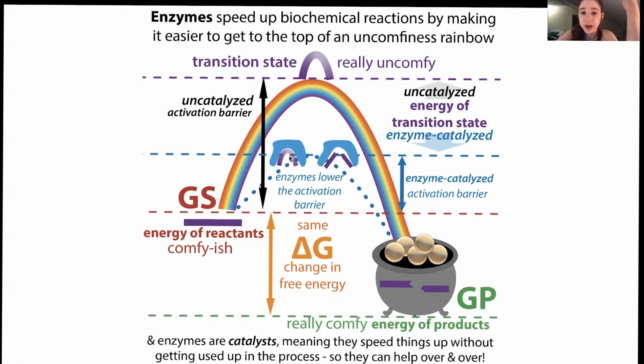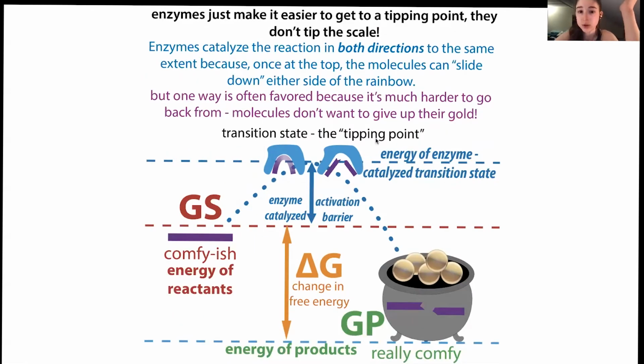Enzymes can lower the barrier to getting there, often by providing a somewhat different route, stabilizing uncomfy transition states and that sort of thing. But because they're basically just lowering the barrier, they're speeding up the reaction equally in both directions. And so if the reaction is unfavorable, it'll keep coming backwards.